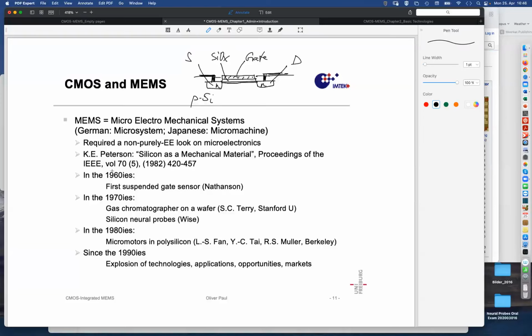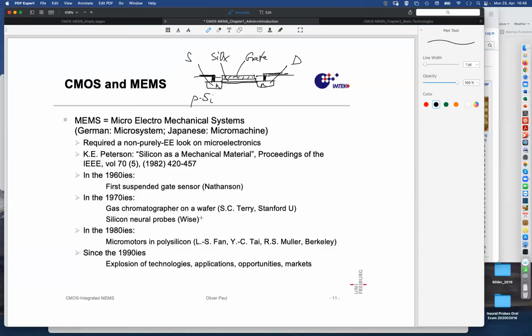Then another subject that I remember well was in the 1970s, a gas chromatographer on a wafer that was developed at Stanford University, a wafer-sized device. I mean, the wafers were smaller then, not the big ones, but still it was a whole system, a chemically measuring system on a wafer produced with micromachining.